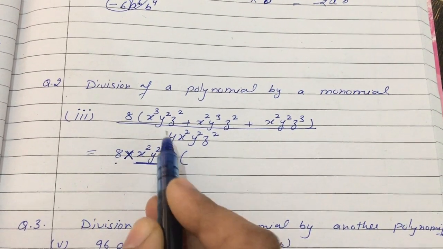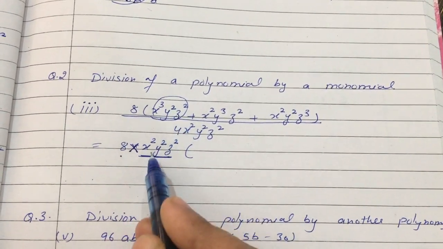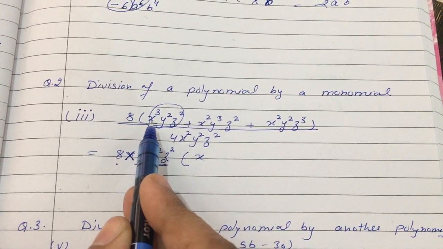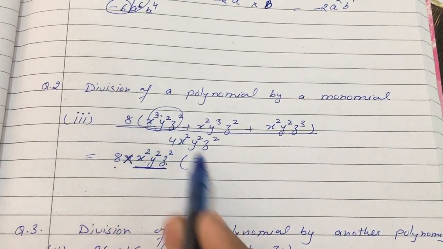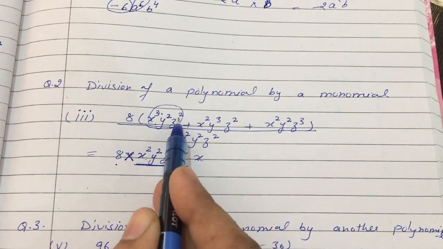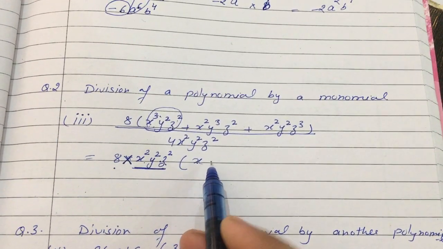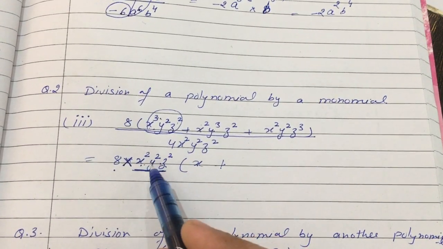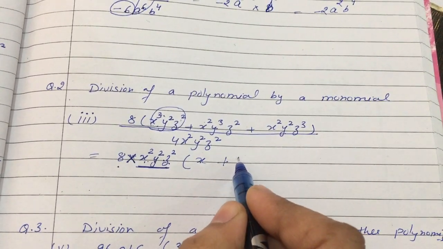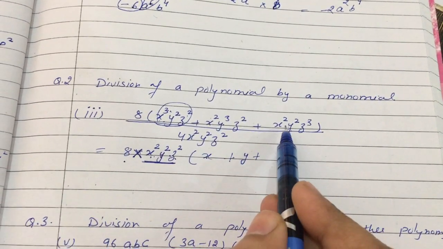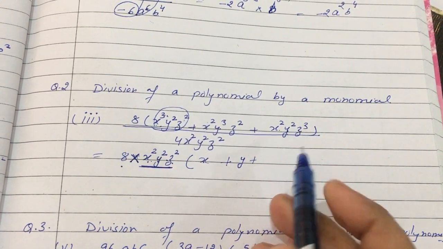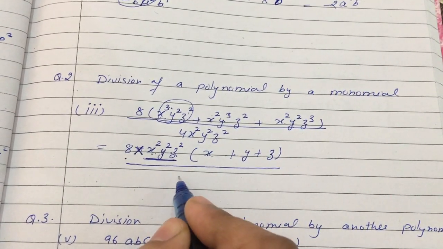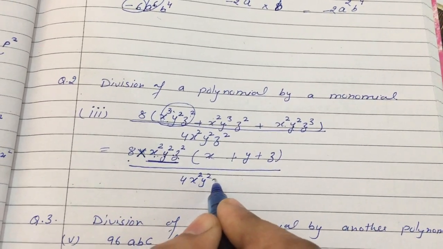So if we are taking x square, y square, z square common, from this term what will be left? x, because x square is common, but here x raised to power 3, so 1x will be left. y square, z square are already common, so nothing is left here, plus from the second part x square is already common, here y cube, and we have taken y square common, so we are left here with y, and same with the third term, x square, y square common, and here z cube, so we are left with z. So z square is common. In the denominator we have here 4x square, y square, and z square.